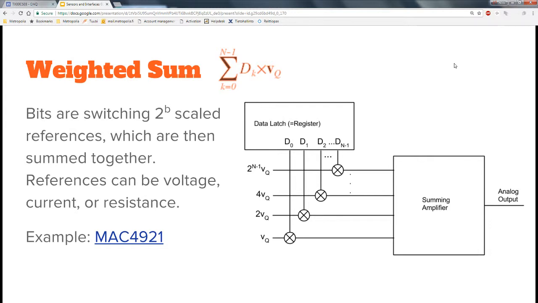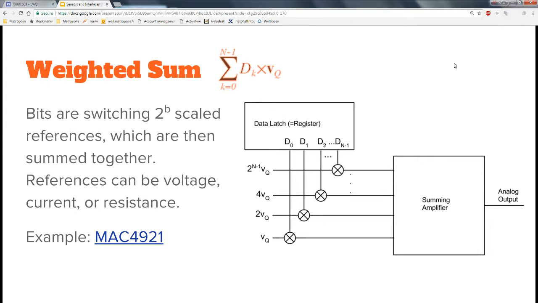There are reference levels representing the bits, the weights on each bit, and then you have multipliers and some summing amplifiers. Ta-da! Done.